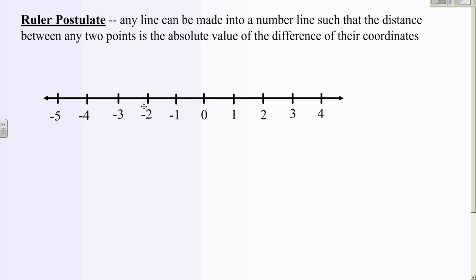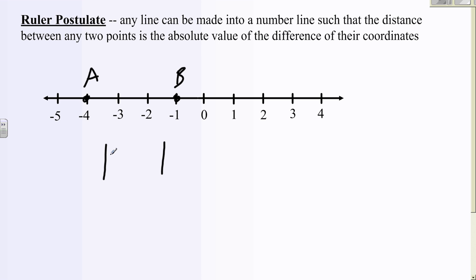All right, the ruler postulate. This is my take on the ruler postulate, and I write it like this: any line can be turned into a number line such that the distance between any two points is the absolute value of the difference of their coordinates. So if I want to find the distance between point A here and point B here, it says to take the absolute value of the difference of the coordinates.